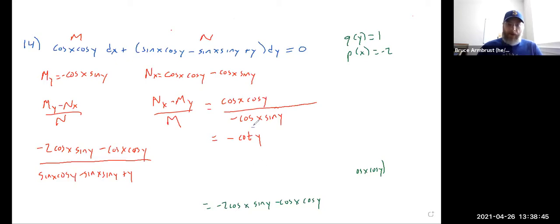We wanted something that was only in terms of y, independent of x. And now we can get the integrating factor. The integrating factor is going to be e to the integral of this thing. So we have our mu is equal to e to the integral of negative cotangent of y.